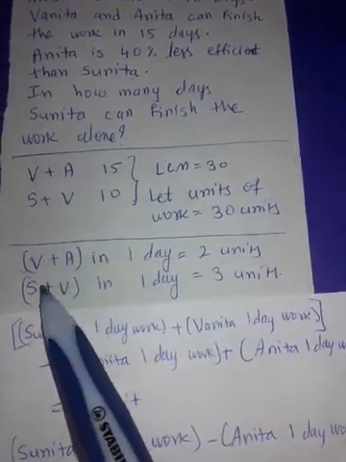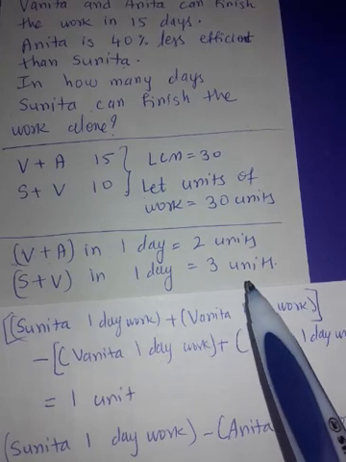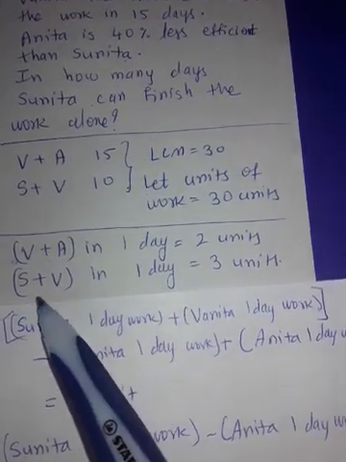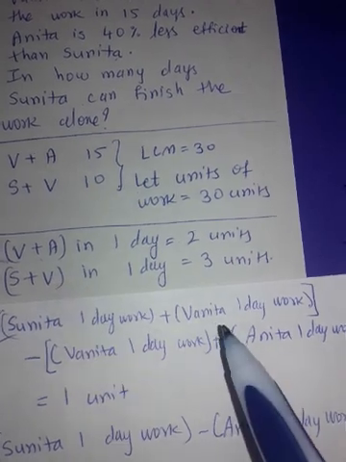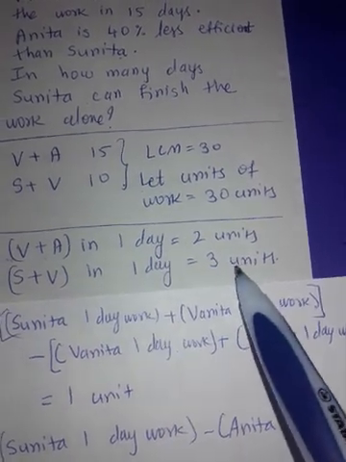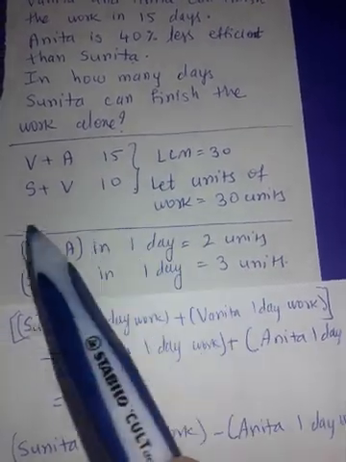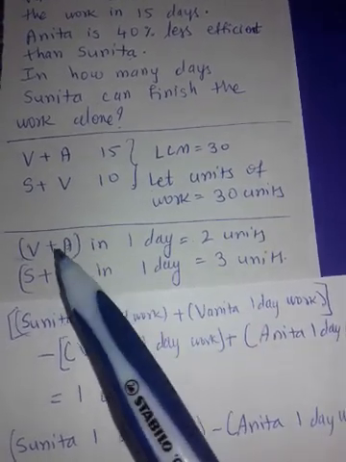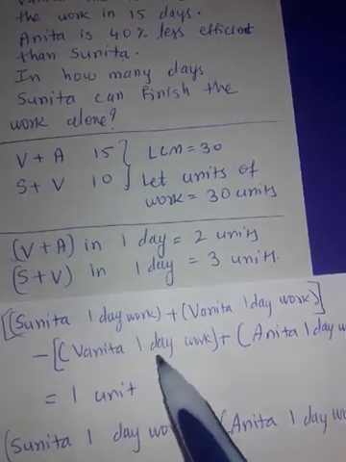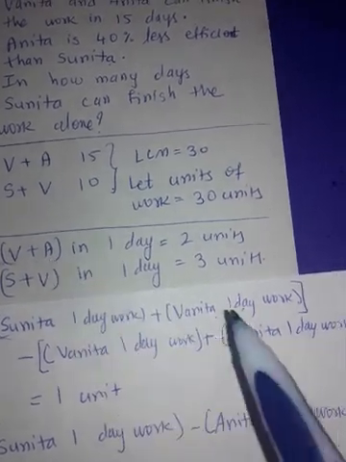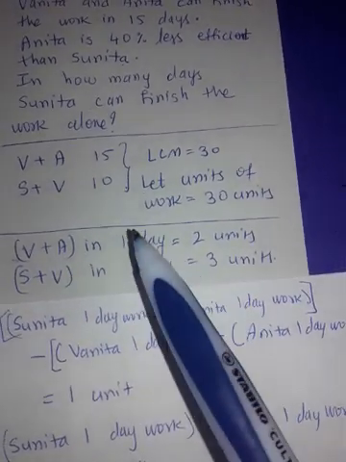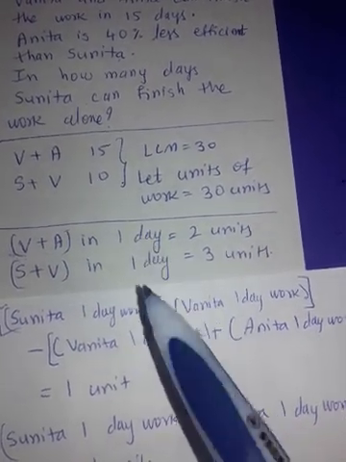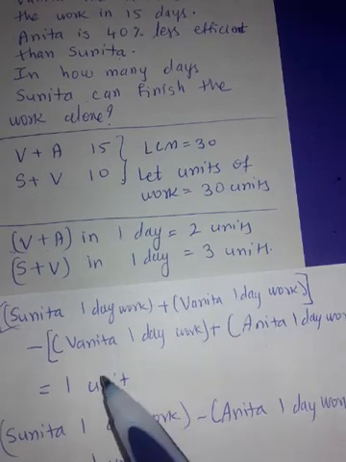What is the meaning of this line? Sunita plus Vanita in one day is equal to 3 units. That means Sunita's one day work plus Vanita's one day work is 3. And if I subtract this line from this line, what will happen? What is this? This is Vanita's one day work and Anita's one day work. Correct? So from the second line, I am subtracting the first line. 3 minus 2 is 1.